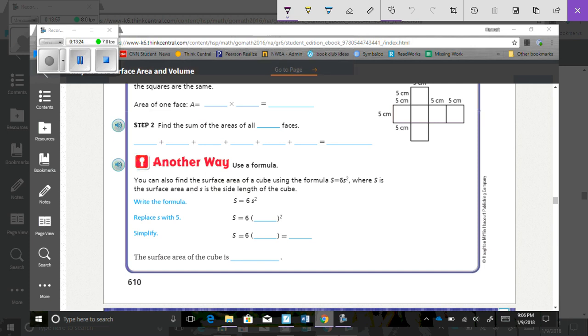You're going to do that because you know that that's the side length. So S equals 6 times 5 squared, which is 25. And we already did the math. We know 6 times 25 is the same thing as 25 plus 25 plus 25, 6 different times. Okay, so then we know 6 times 25 is 150, which gives us 150 centimeters squared.